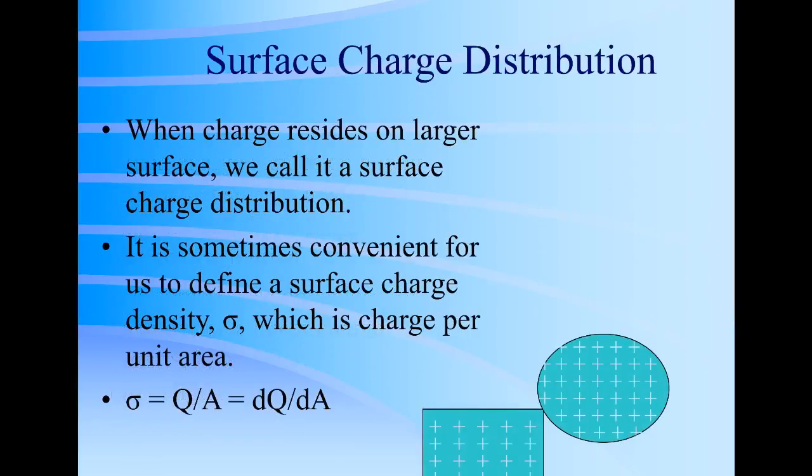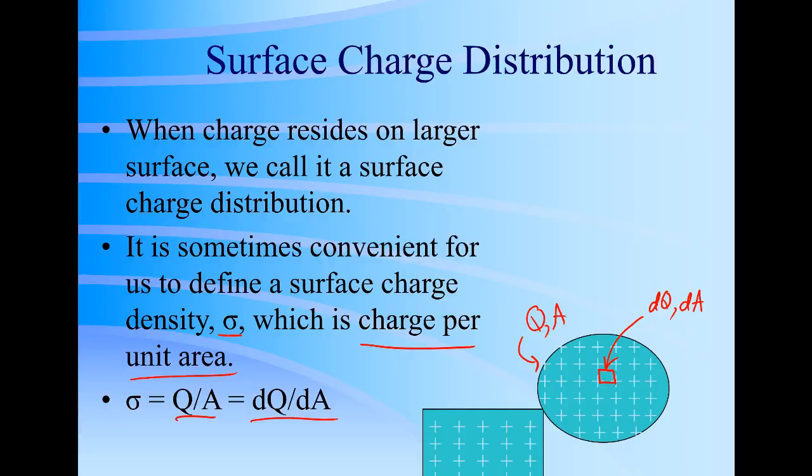We could also have a surface charge distribution. And this would be a two-dimensional object, and we signify that with sigma, which is charge per unit area, and that's charge divided by area, or dq over dA. And so if we think about a little surface segment of this, this would have charge dq and area dA, whereas the entire thing would have a charge of q and an area of A. So again, we can set this up either way.